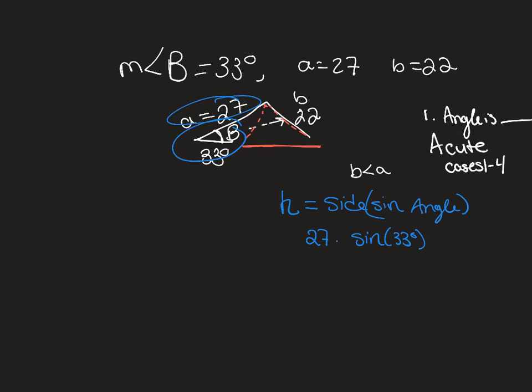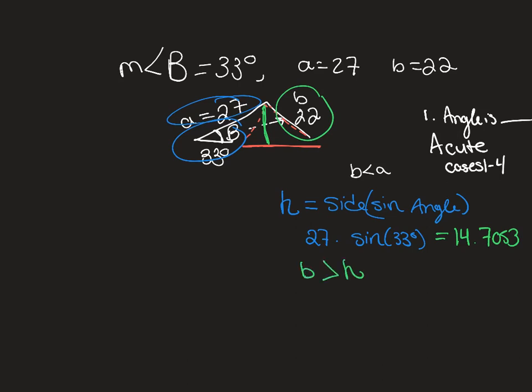So 27 times, press that trig button, grab sine 33, and then I like to put the degree symbol. This height right here, that I have to be at least that to make any triangles, is going to be 14.7053.